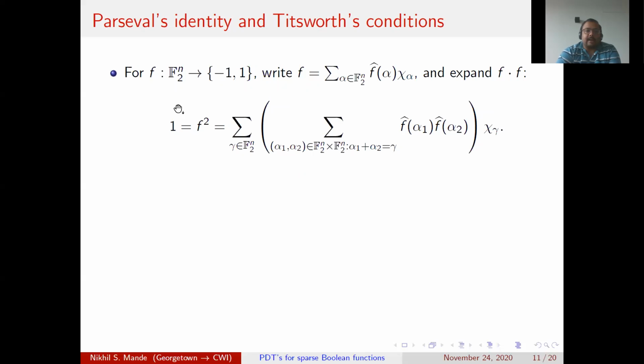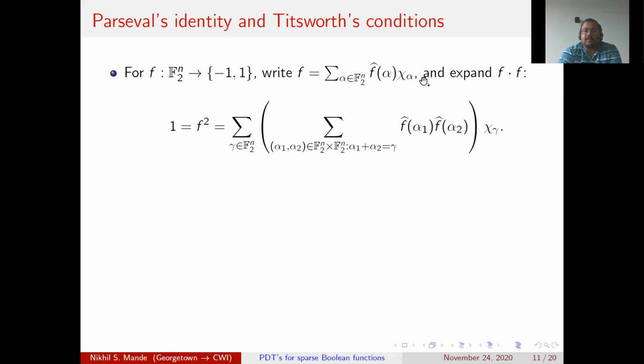So Parseval's identity: take any Boolean function f, consider f square, which is the pointwise product of f and f, and write out this expression. So f square on the one hand is equal to the constant function 1, since f(x) times f(x) is always equal to 1 if the range is minus 1, 1. And on the other hand, we write out this expansion times itself.